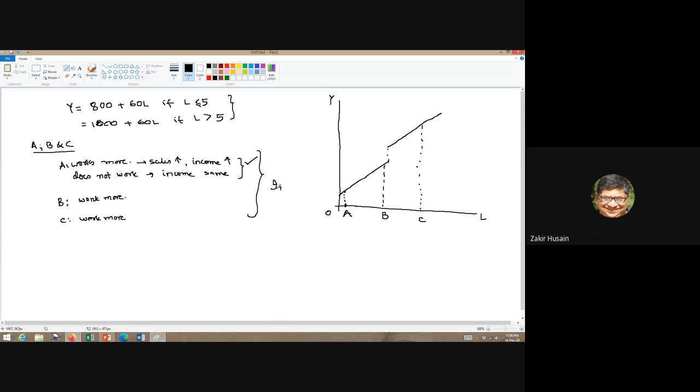Now, they will work more because of the incentive through commission. If they increase L, then Y goes up, right? Now, the question I want to ask is, who has the greatest incentive?